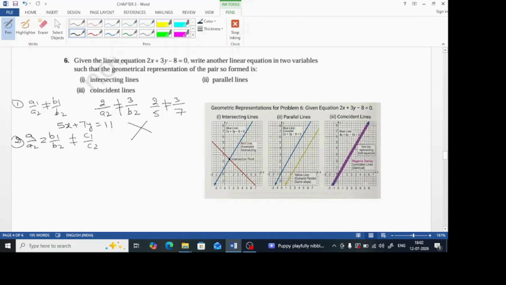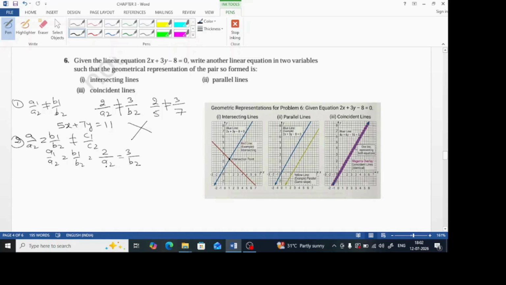Here a1 is 2, a2 we don't know, and b1 is 3, b2 we don't know. We will make it in such a way that the cross multiplication becomes the same.